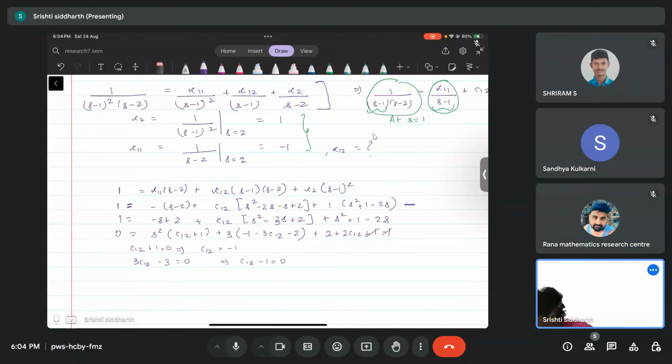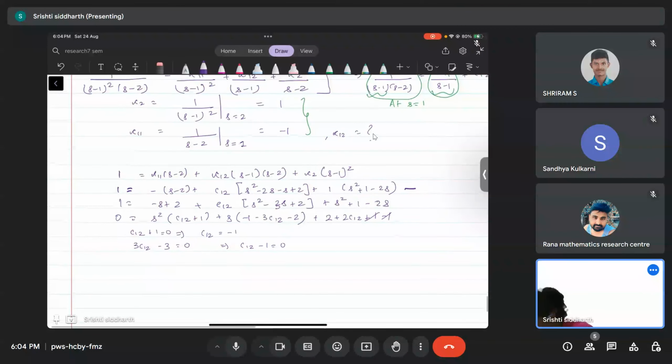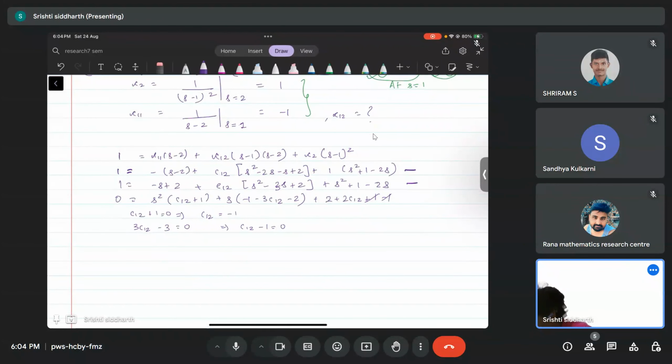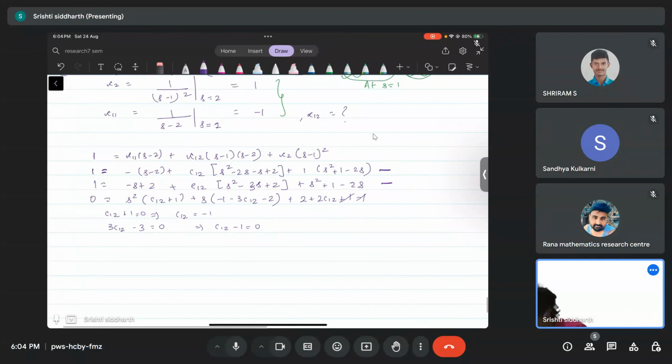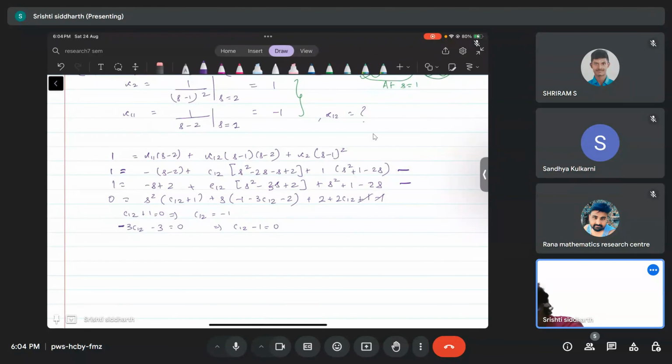Okay, this is alright. Sorry, okay. This is this. Yes, so this implies C12 is minus, and the same equation from here. So now we know what C12 is.